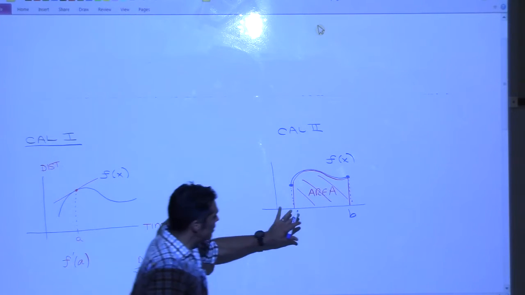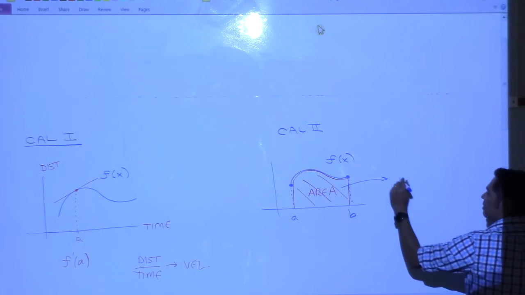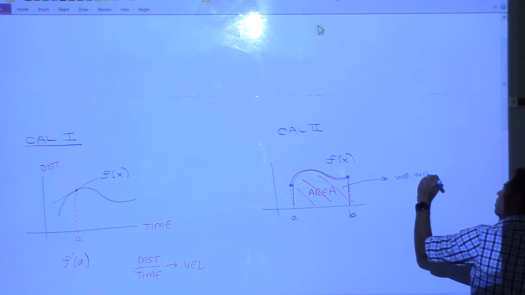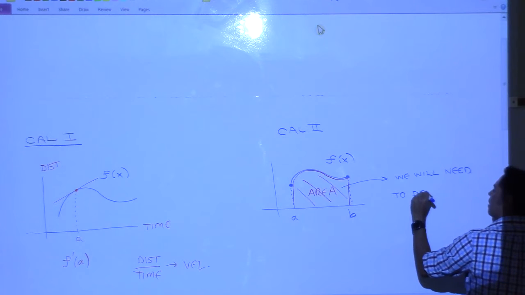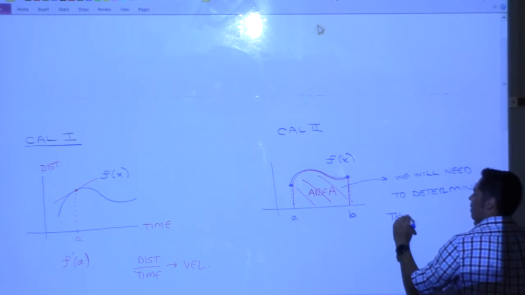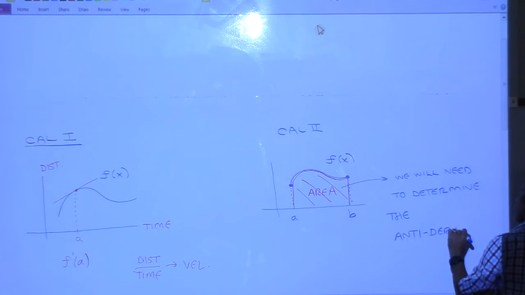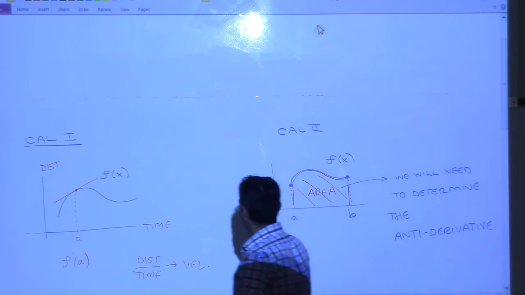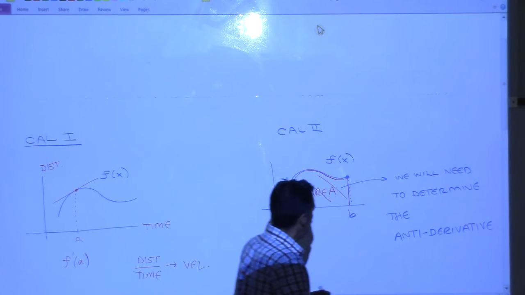Over here, in order to figure out that area, we're going to need to determine not the derivative, but something called the antiderivative.